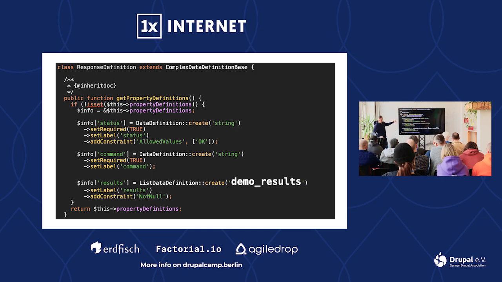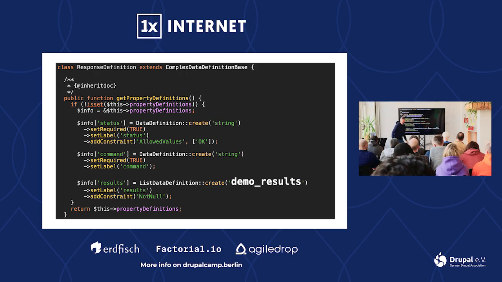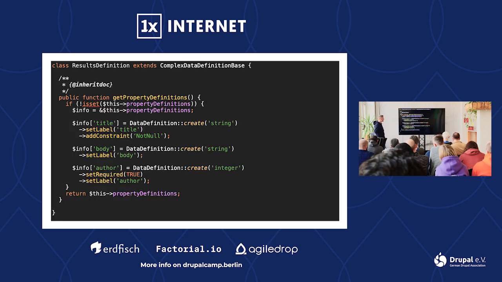So we have the representation for the first level of complexity, then preparing the plugin for it, which will be the demo results, as I showed you here. So we have the plugin, and then the recipe for the second level of complexity, which is pretty straightforward.